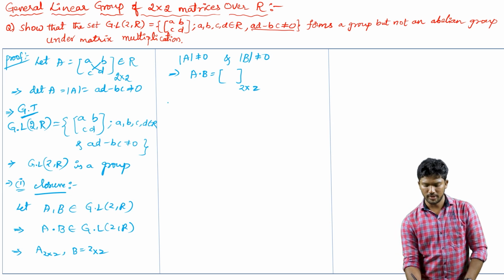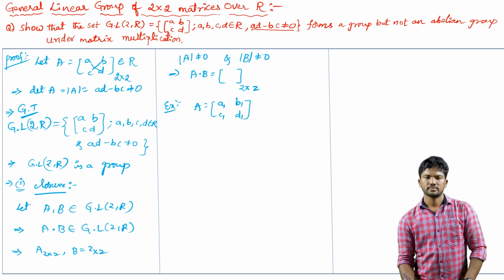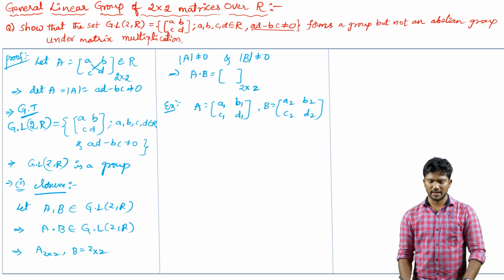For example, I am taking capital A equal to [[a1, b1], [c1, d1]] and capital B equal to [[a2, b2], [c2, d2]]. These are two 2 by 2 matrices.